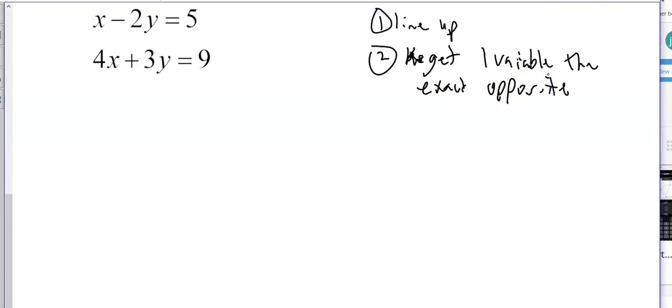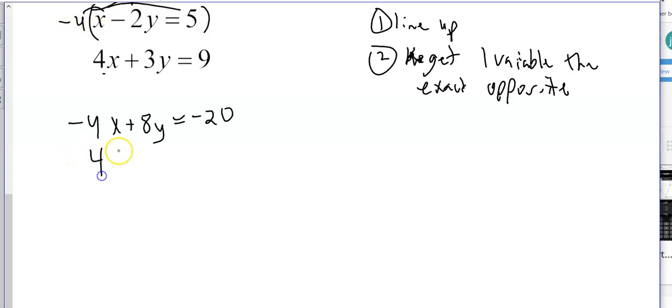If you multiply the top equation by negative 4, you get rid of that x. So the top equation would become negative 4x plus 8y equals negative 20. Everything's multiplied by negative 4. Negative 4 times negative 2y makes it positive 8y. Careful, that negative distributes to every term.